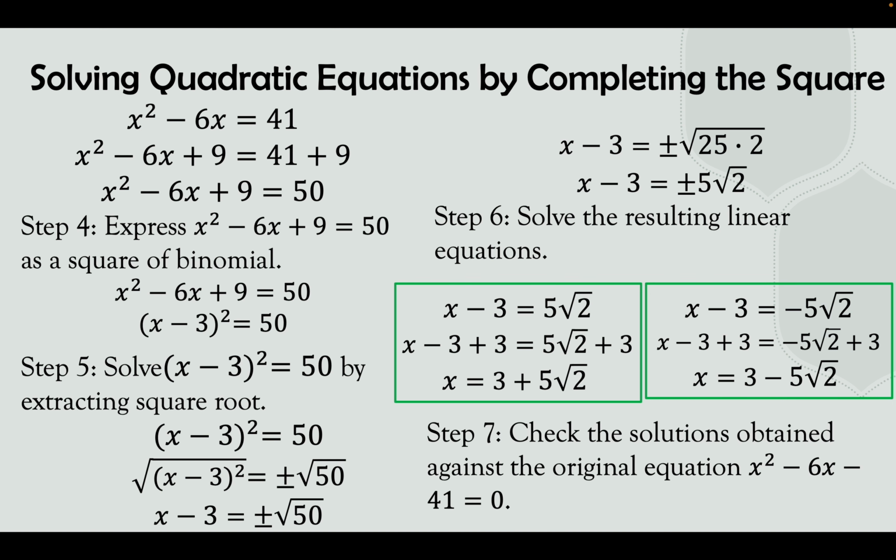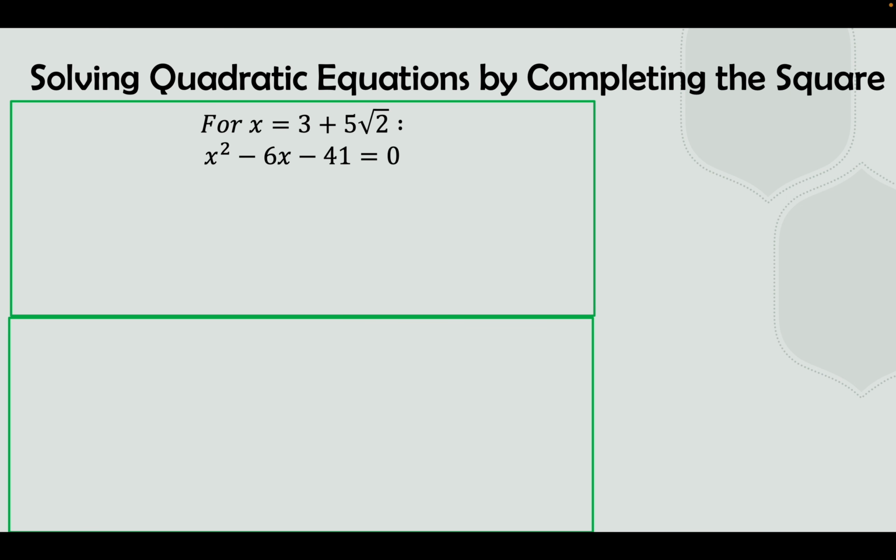Now check the solutions obtained against the original equation. We just need to substitute them into the original equation. So for x equals 3 plus 5 square root of 2, we have 3 plus 5 square root of 2, squared, minus 6 times 3 plus 5 square root of 2, minus 41 equals 0.